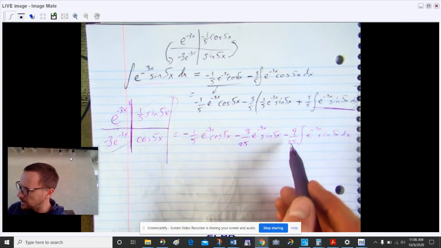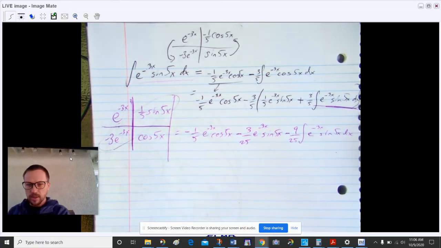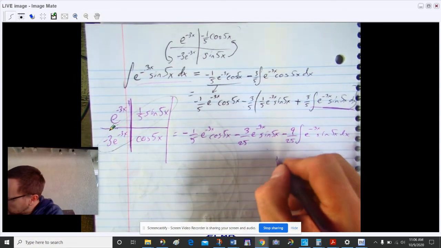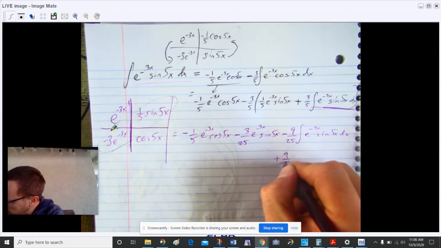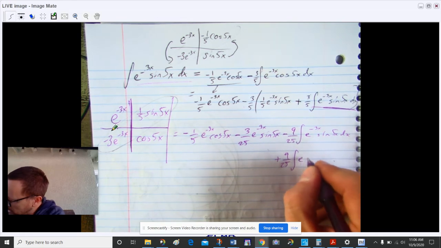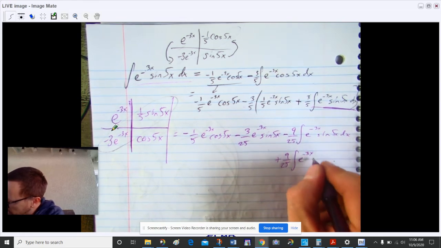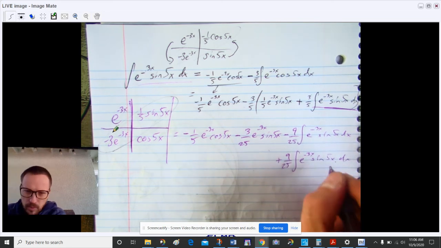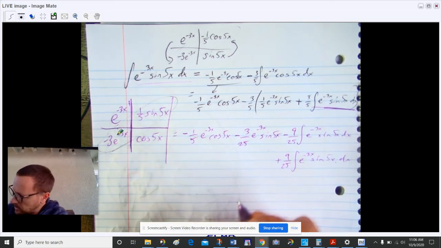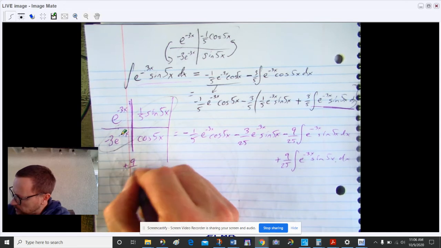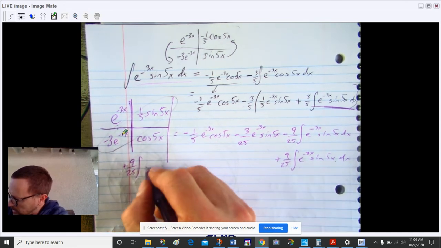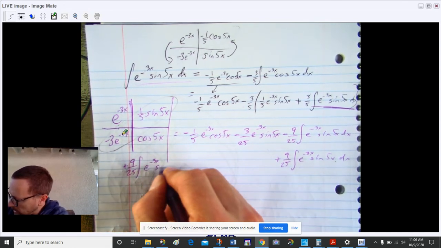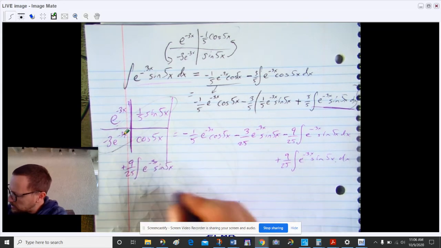But again, this is over here on the other side. So we add 9/25 times the integral to both sides, because we're solving for it. That's the idea. We want to be solving for that, and we just treat it like that's our variable. So we add 9/25 times the integral of e to the negative 3x sine of 5x to both sides.